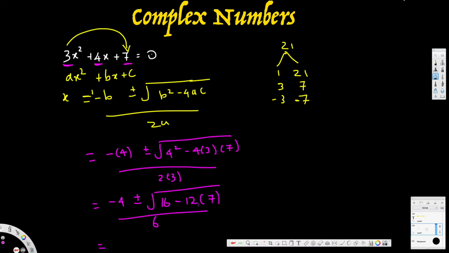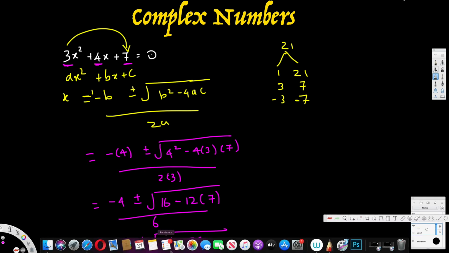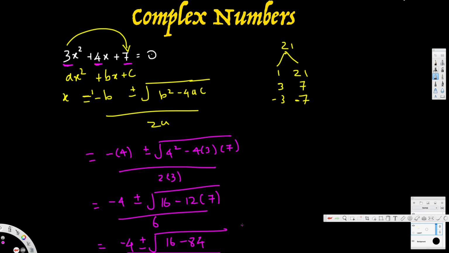Now 12 times 7 is 84, so negative 4 plus or minus the square root of 16 minus 84, the whole thing divided by 6.